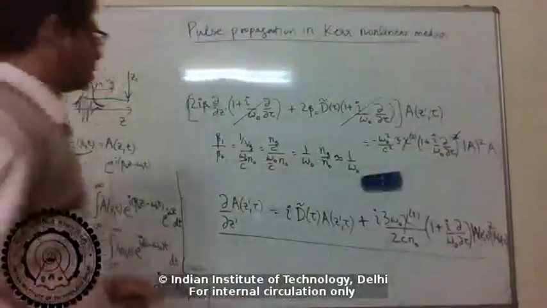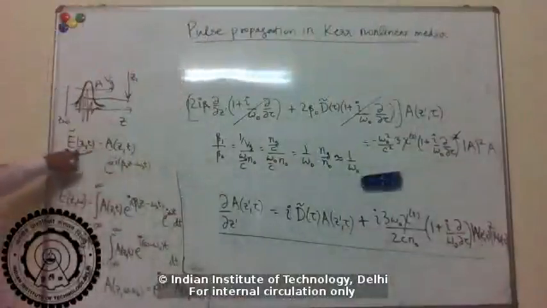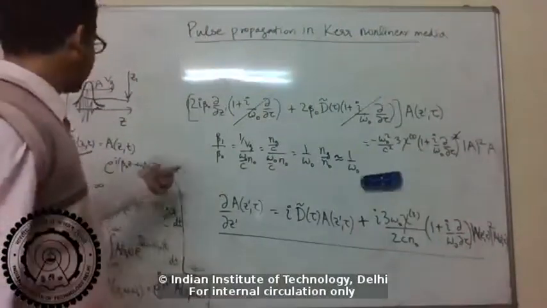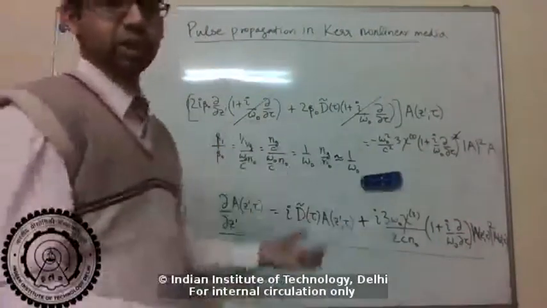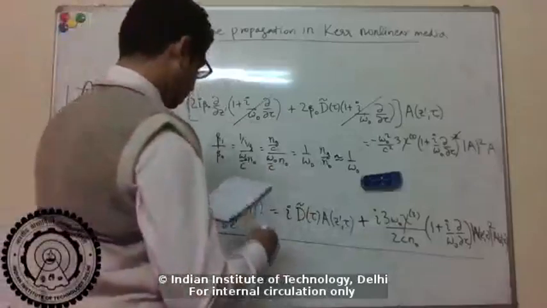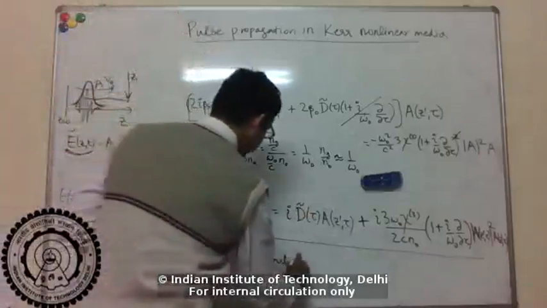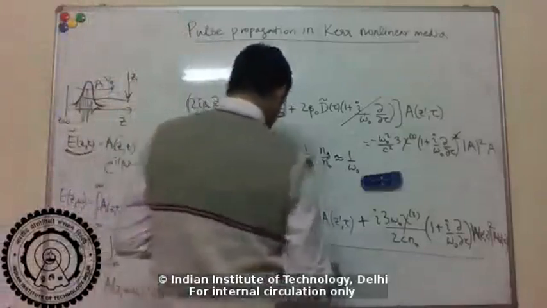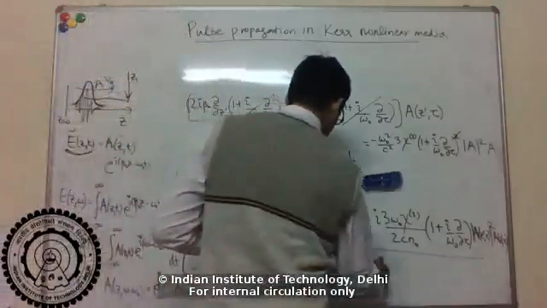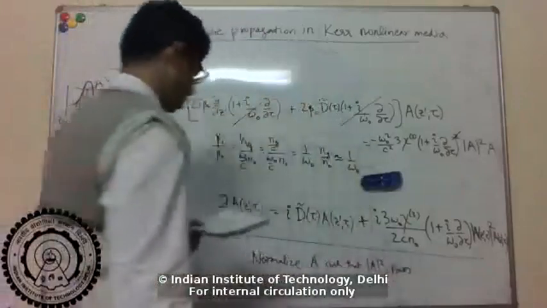Okay, so remember we started with A as the electric field amplitude, but again it's more convenient to write it in a form where mod A square gives me the power, right? So again we normalize A such that mod A square gives me power, right?